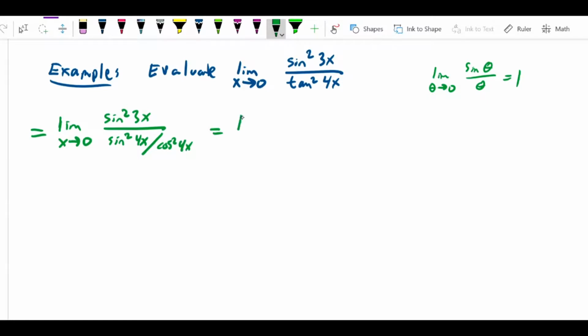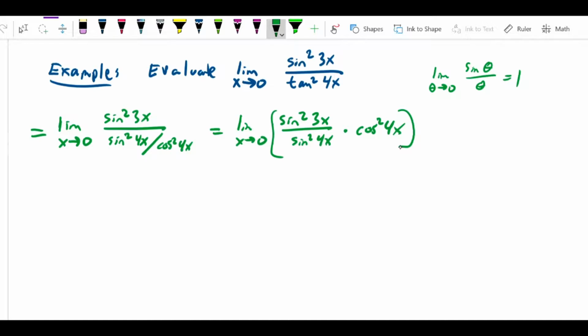And by rearrangement, that's going to be the limit as x approaches 0 of sine squared 3x over sine squared 4x times cosine squared 4x. So it's just going to be that entire limit. Now, the interesting thing is I can get rid of that cosine squared right away, and this is one of the keys to remember. Cosine of 0 is not 0, which means that we don't usually have a problem with that.